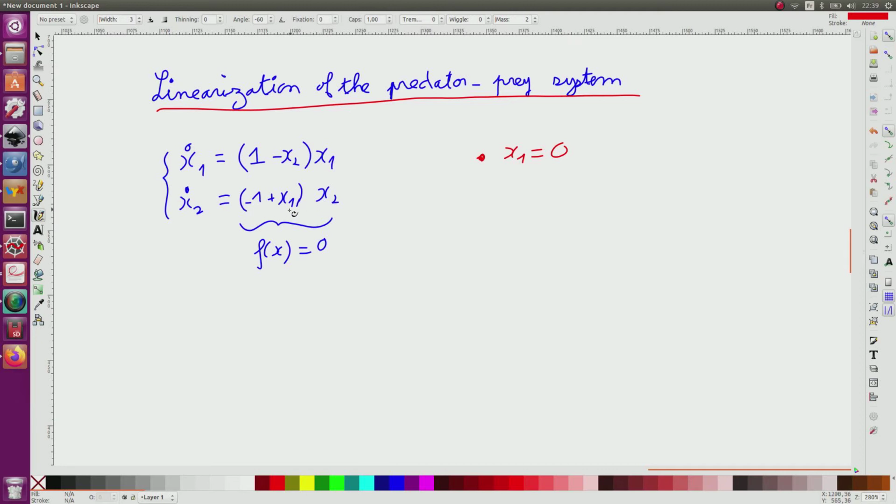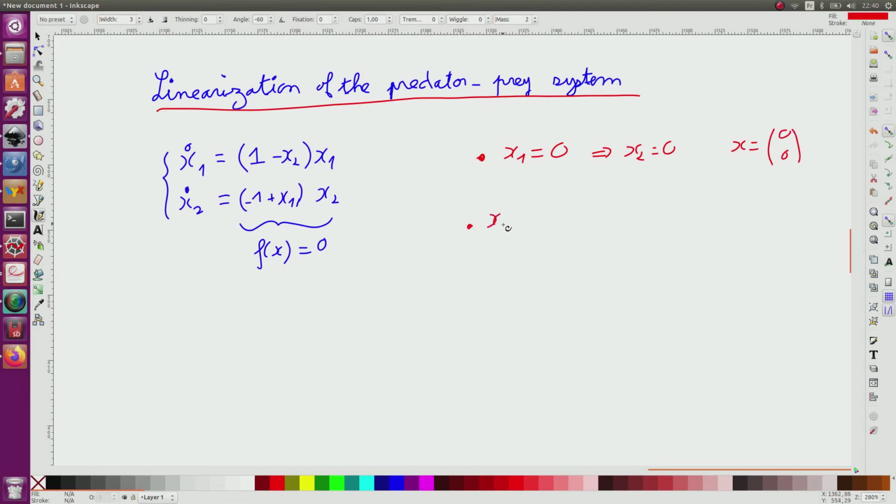But since x1 is equal to 0, this term is not equal to 0, so it's mandatory to have x2 equals 0. So it is the first equilibrium point, corresponding to x equals (0, 0).